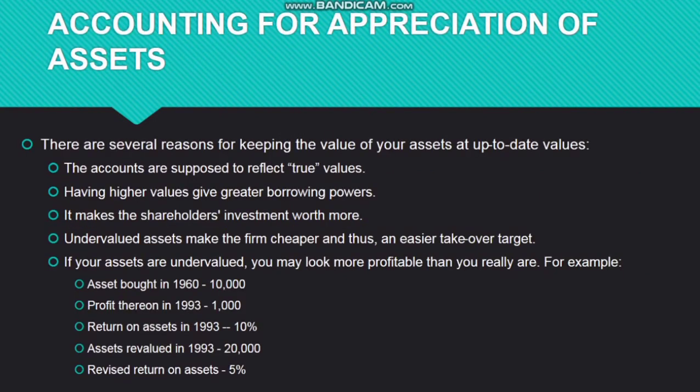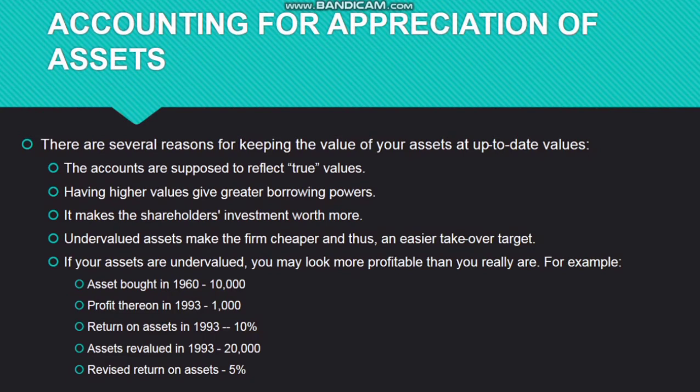Accounting for appreciation of assets. There are several reasons for keeping the value of your assets at up-to-date values. Having higher values gives greater borrowing power. The accounts are supposed to reflect true values. Undervalued assets make the firm cheaper and thus an easier takeover target.